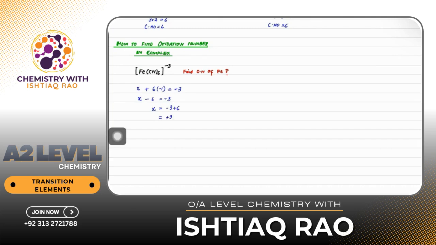Answer is +3. In this way, you can find out the oxidation number on a particular metal. Okay. It's very easy.